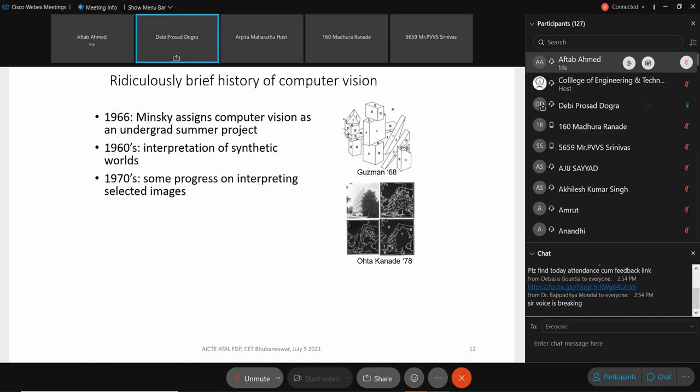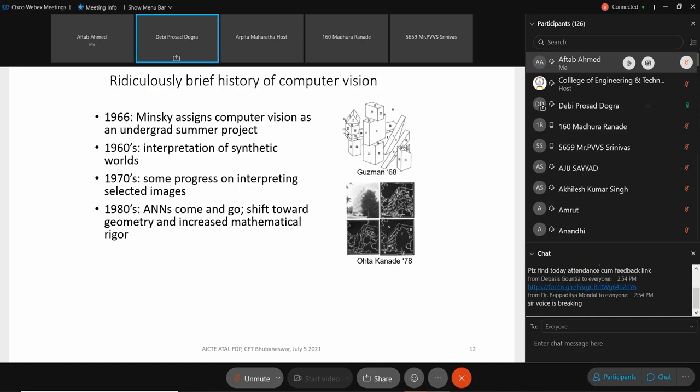Then methods like edge detection came. Artificial neural networks came not recently, they came earlier, in the 1980s.